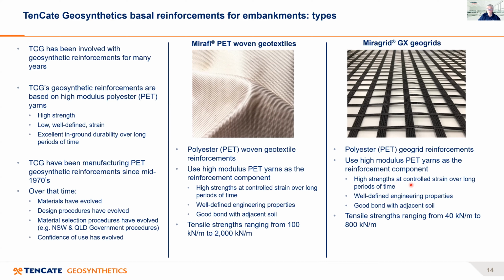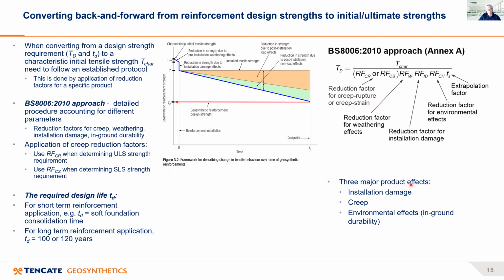Now, it's not just the initial strengths that's important when it comes to soil reinforcement geosynthetics. And I want to explain this in a bit more detail in the next couple of slides. Now, when you've calculated the maximum load in the reinforcement of a basal reinforced embankment using your computer analysis, what you've effectively determined is a geostatic reinforcement design strength, this red line here.